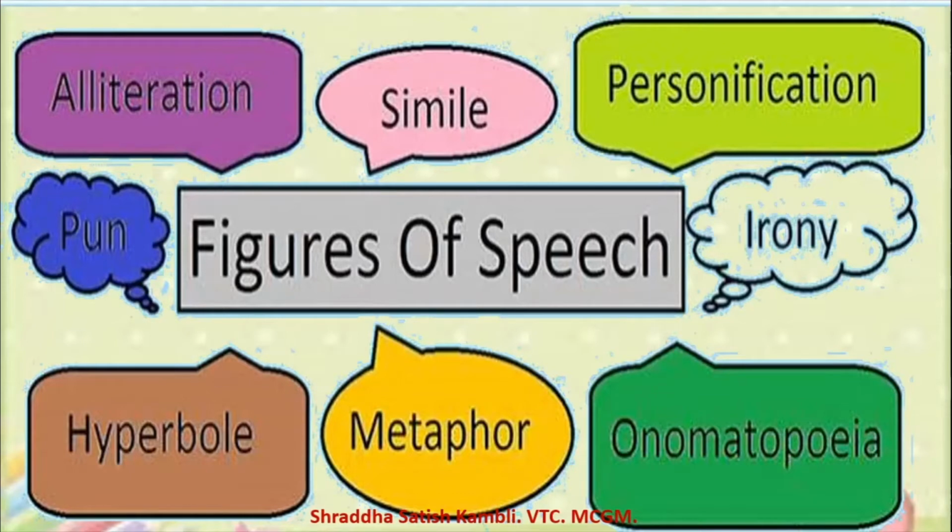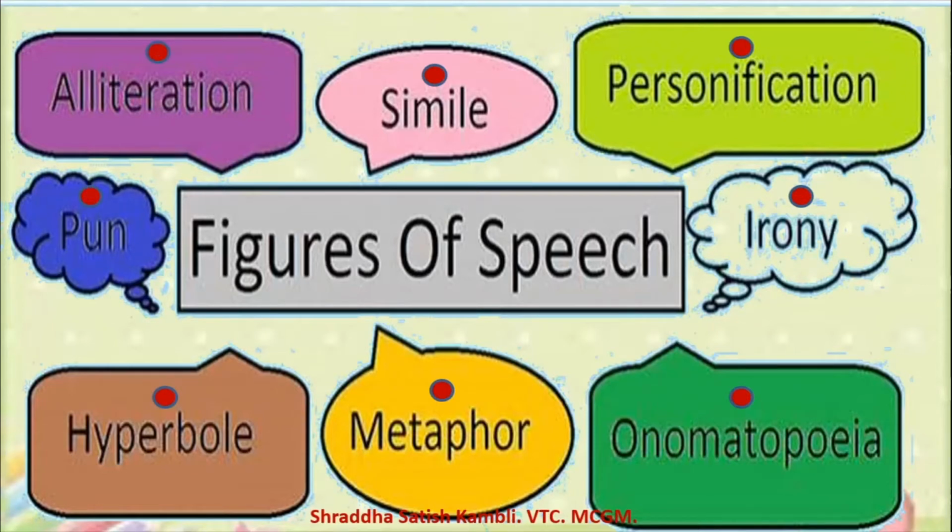So we have simile, then we have personification, we have irony, and I'm sure as I'm saying the names, you will be able to recall something or the other about all of these words, because we have been learning them in most of the poems that we have been doing since Standard 8th. Then you have onomatopoeia, you have metaphor, you have hyperbole, pun, and alliteration.